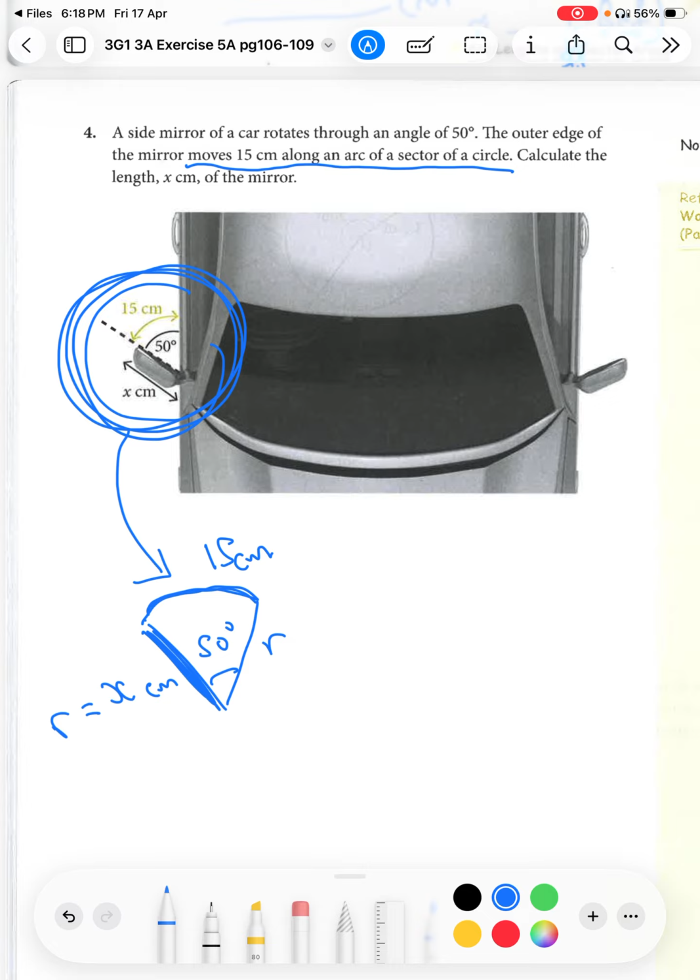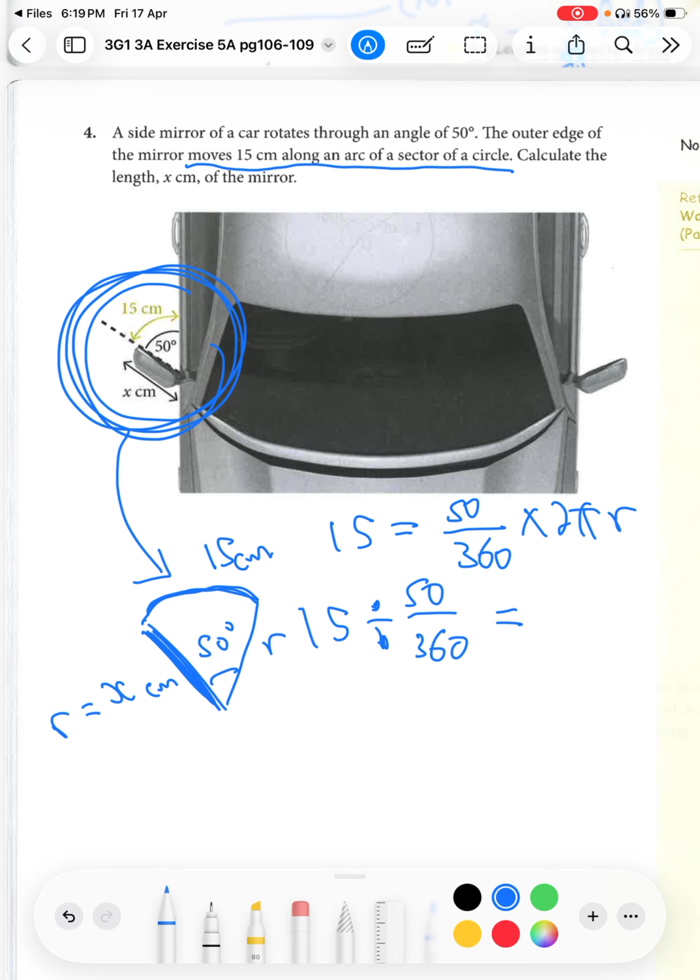So again, I use the formula. You know the arc length is 15, the angle is 50, over 360, times 2 times pi times the radius. So remember, times bring over is divide. I bring over the 50 over 360, is 2 pi r. Since I have no calculator, it's okay.